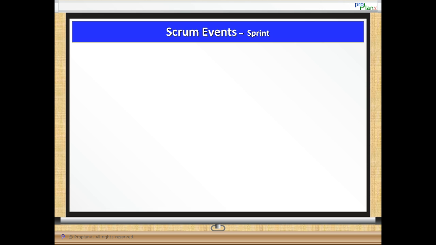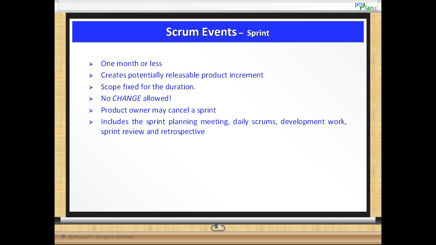Scrum events. The sprint. The sprint is a time-boxed event that generates an increment of value. It is typically 1 month or less in duration. Once the sprint is committed to, the scope is fixed for the duration and no changes are allowed to the sprint backlog.